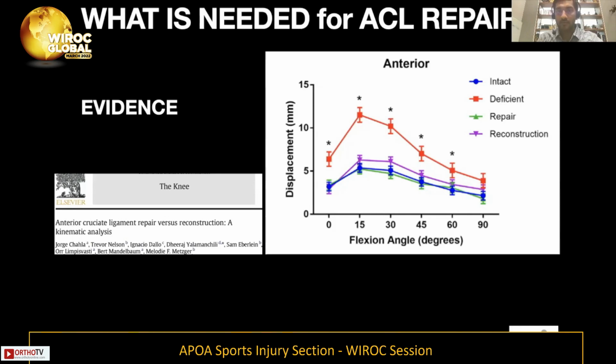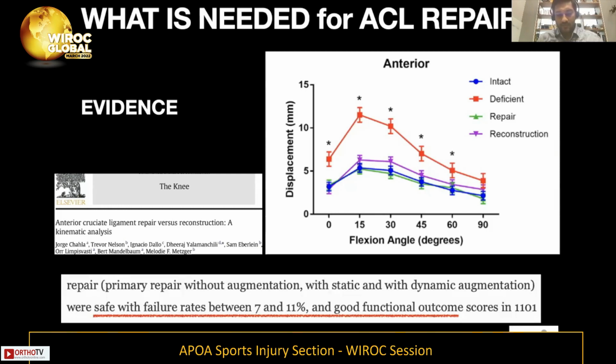That's like a Lachman when the knee is ACL deficient. If you go on to repair or reconstruct it, then you get graphs that are very similar to an intact ACL. In fact, you can see that the graph of the repair is closer to the intact ACL graph than the reconstruction graph.